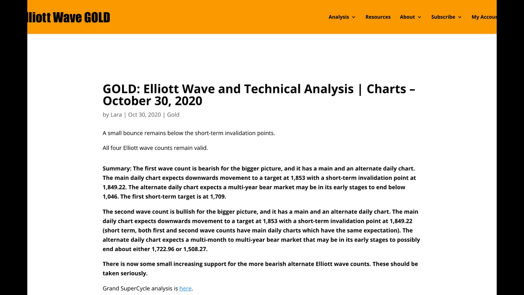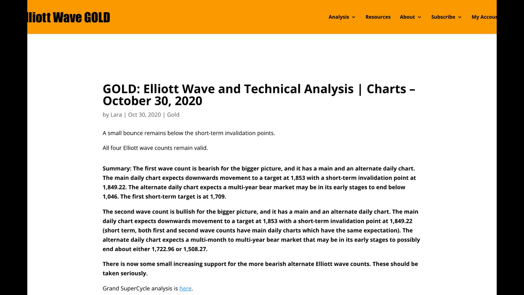The second wave count is bullish for the bigger picture. It too has a main and an alternate daily chart. The main daily chart is the same as the first wave count, expecting downward movement to a target at 1853. The short-term invalidation point is the same. The alternate for that one is bearish for the midterm.